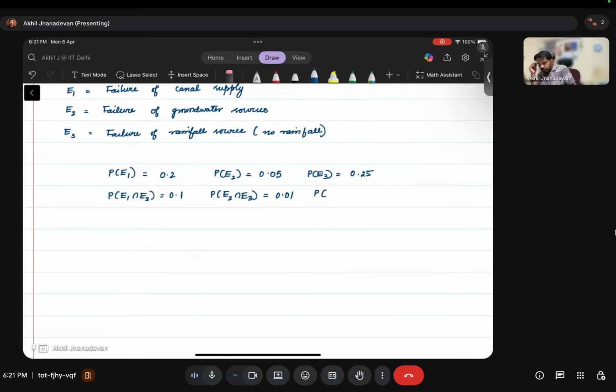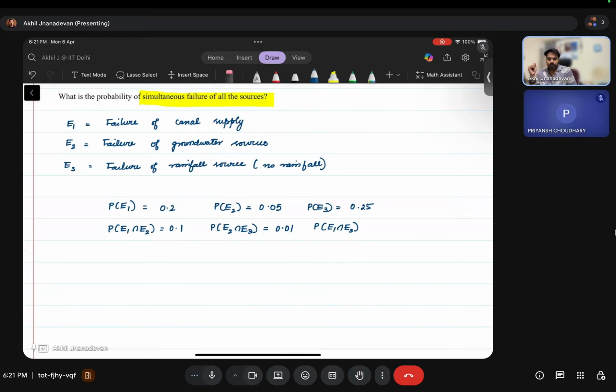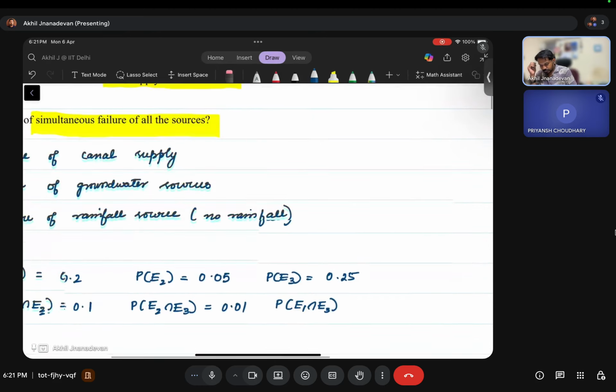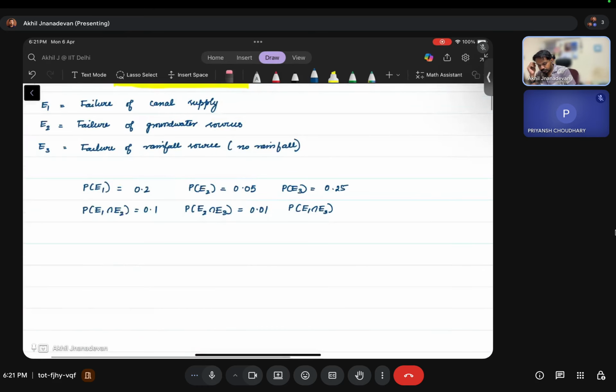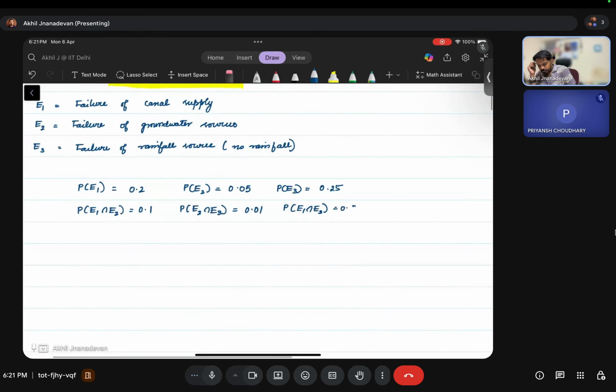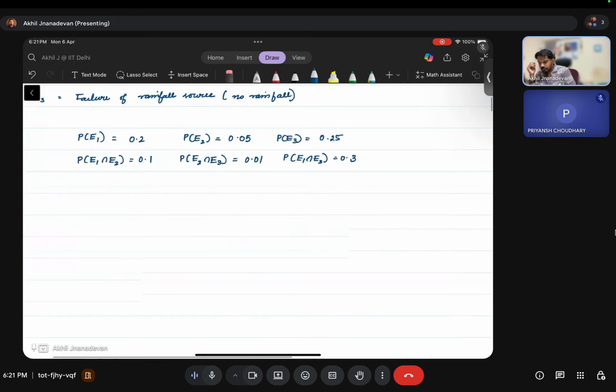And probability of E1 intersection E3, that is canal supply failing and also the rainfall source failing, there will be no rainfall, that probability is 0.03. Right, so these are given in the question.